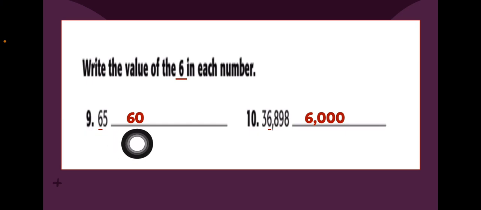So write the value. The value will be 60. Excellent. And the last one here, 36,898. Can you see the 6 here? We need only the 6. So now it will be 6,000.